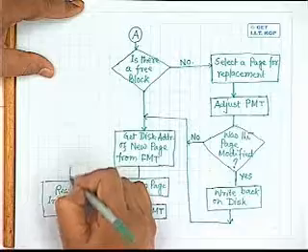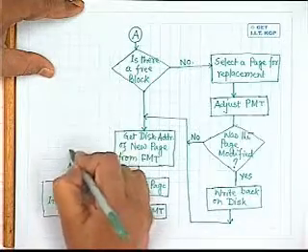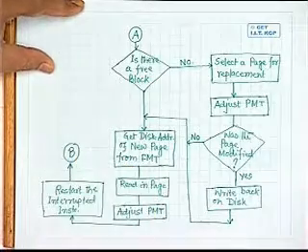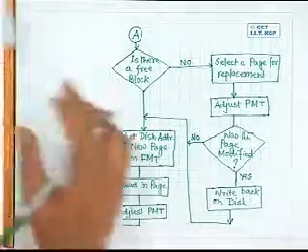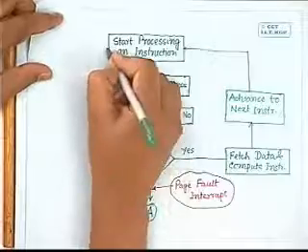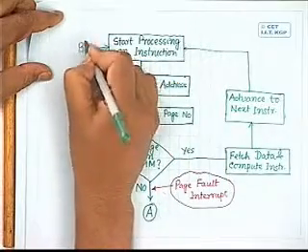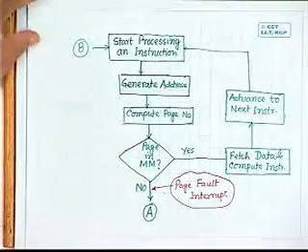When you restart the interrupted instruction, that means you go to the initial step of instruction execution, that is this one.